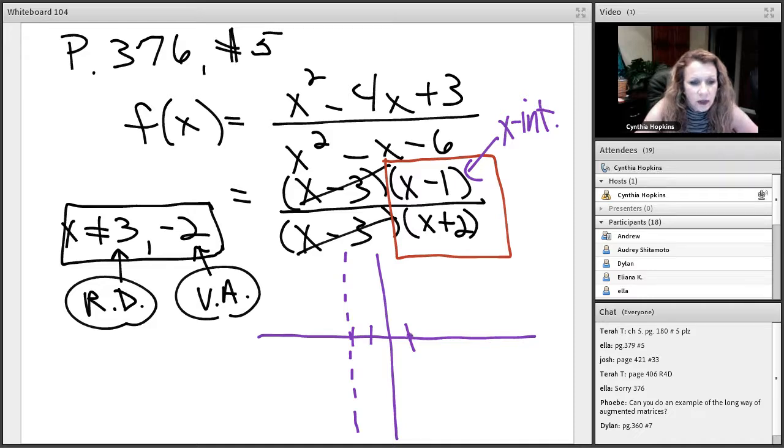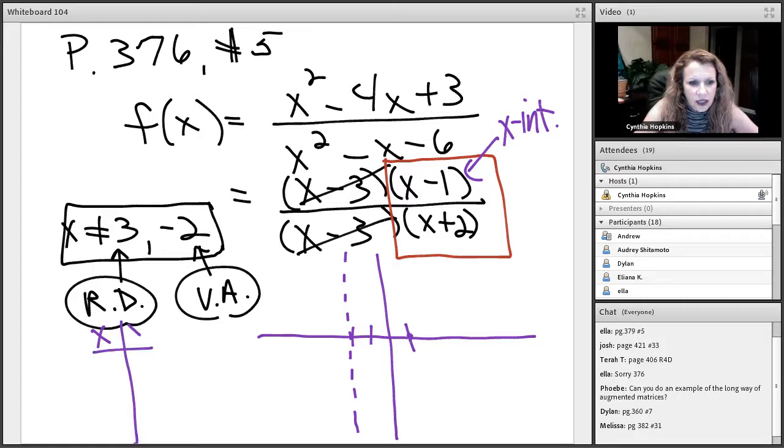Now I'm going to use my vertical asymptote to give me hints as to what x's I should plug in. Let's say I'm going to do at least 3 points to the left of that vertical asymptote. That was at -2, so I'm going to do -5, -4, and -3. Then I'm going to draw a line because I'm going to skip -2. Then I'll do -1, 0.